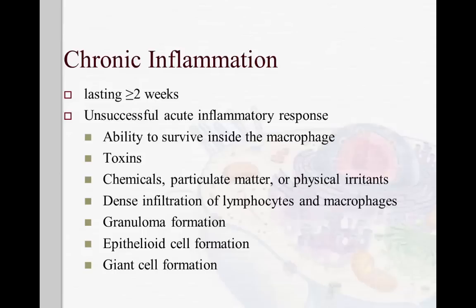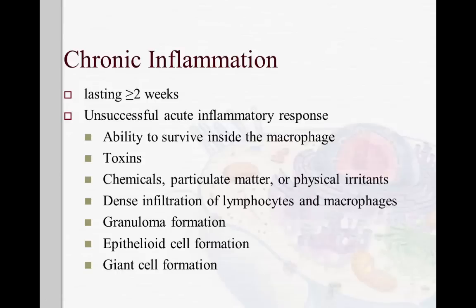Basically, it could be in relationship to the ability to survive inside the macrophage. So the bacteria has survived all the inflammatory process and all the activation of the cascade, depending on resistance to the toxin, or any continuous chemical or physical irritant that is present in the inflammatory site.